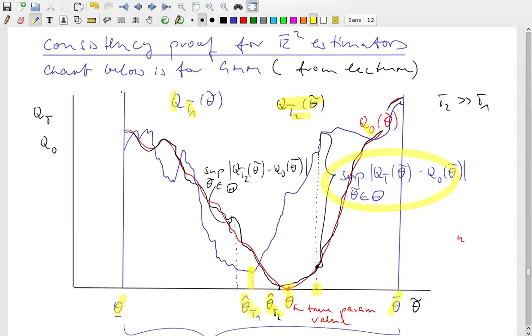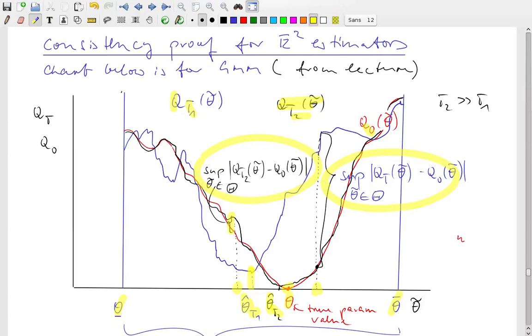And for the larger sample size, we see that the supremum, this biggest difference between the Q t function and Q naught function, is somewhere down here, and we see that this smallest upper bound is much smaller than for the blue curve.